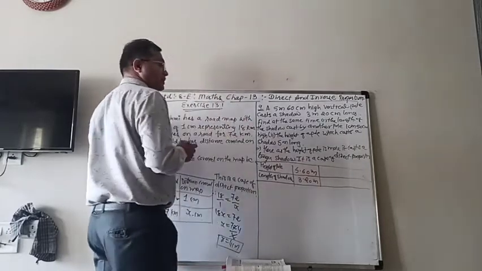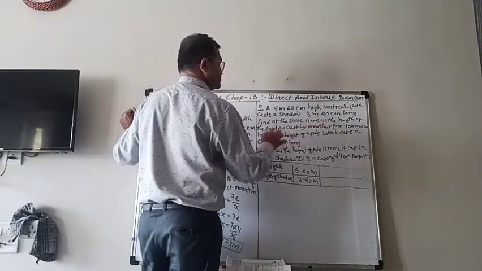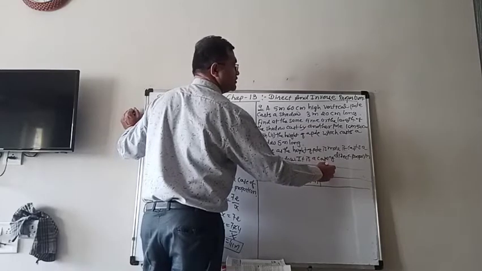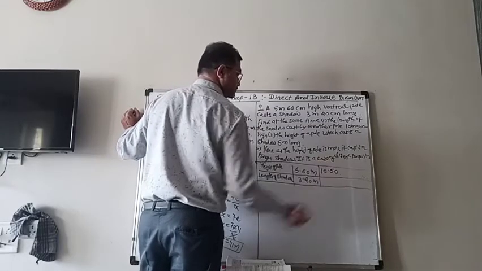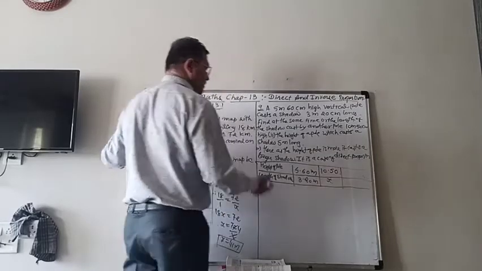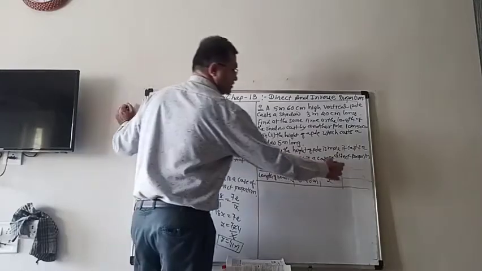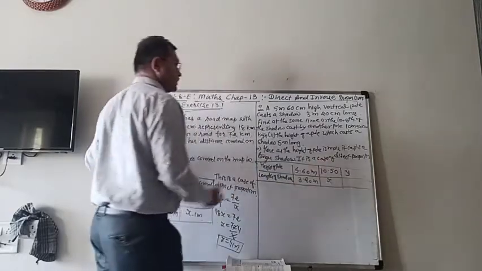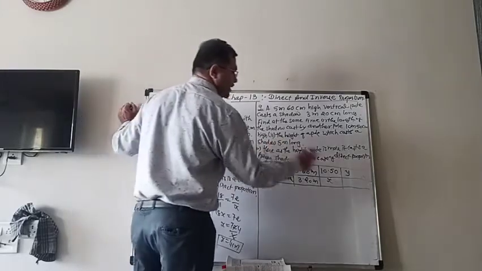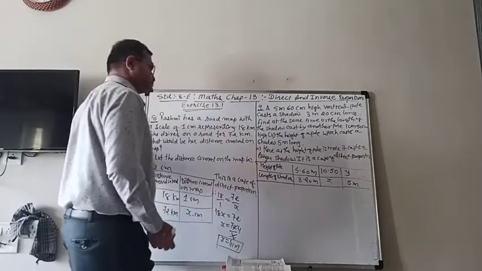Then we have to find the length of the shadow cast by another pole, 10.50 meter. Here we find x. Similarly, in the second we have to find the height of the pole, here we can say y, which casts a shadow 5 meter long.